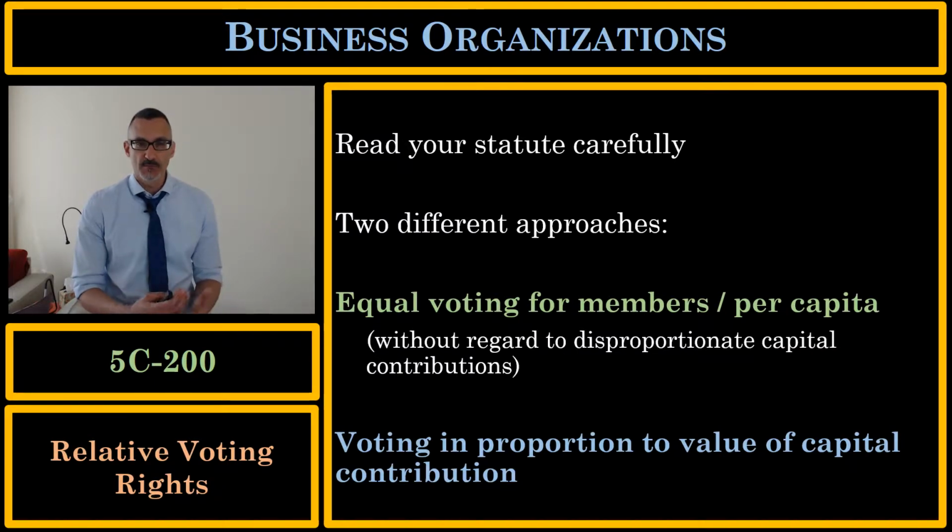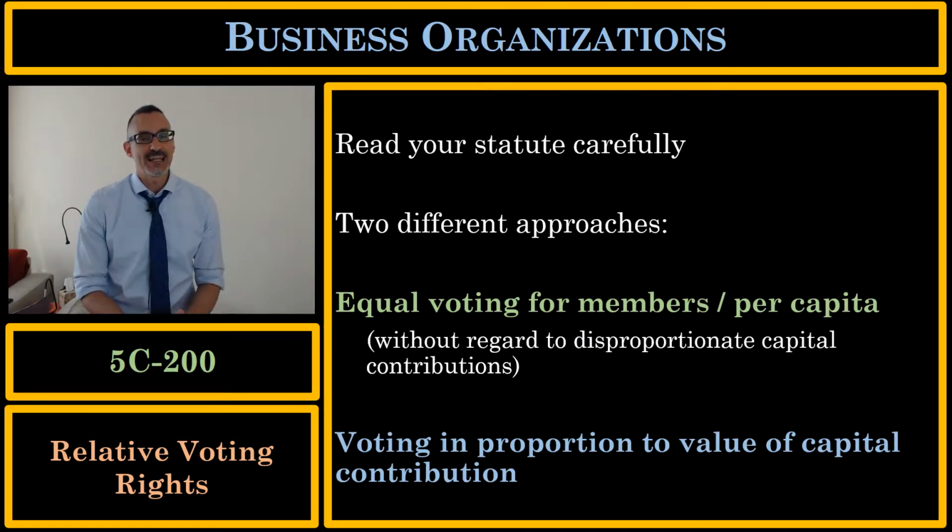I've given this example many times. Imagine I'm a member in an LLC and you're also a member in the LLC. I invest $99,000 into the LLC. You invest $1,000. Well, our relative voting rights are very important, aren't they? And our relative voting rights will depend on our jurisdiction.